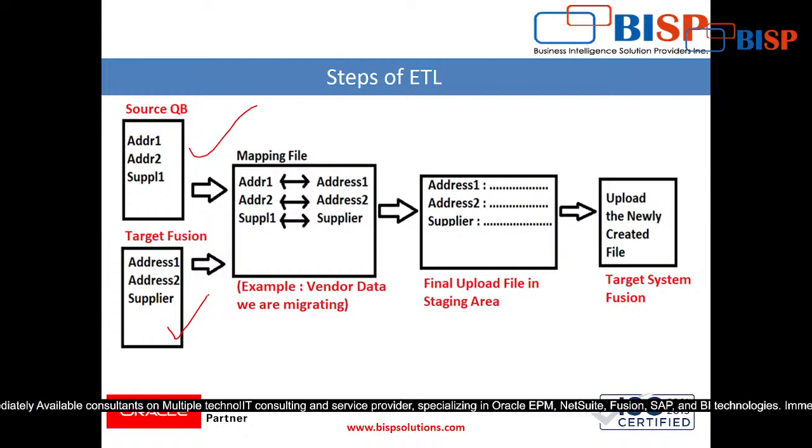Now let's see what the developer will do. Developer will replace all the names into a separate file, and then the headers of the source file will be kept in a separate file, separate box. Now they will make the mapping like this.